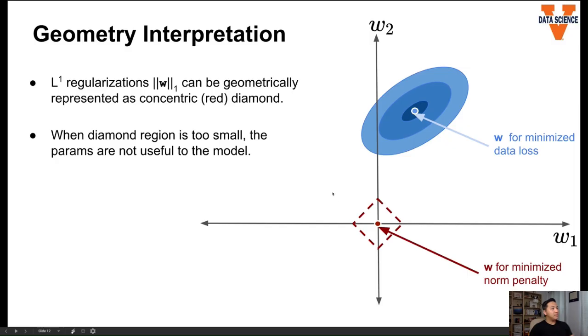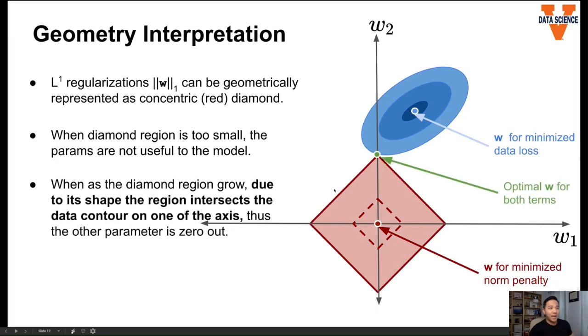So you have a diamond region. If it's too small, it's not as useful, right? And if you grow it large enough, it will intersect with the data loss quadratic region. And what's interesting is that because it grows into this pointy top, it's going to touch the data loss function at one of the axes. So what does that mean in terms of being sparse, right?